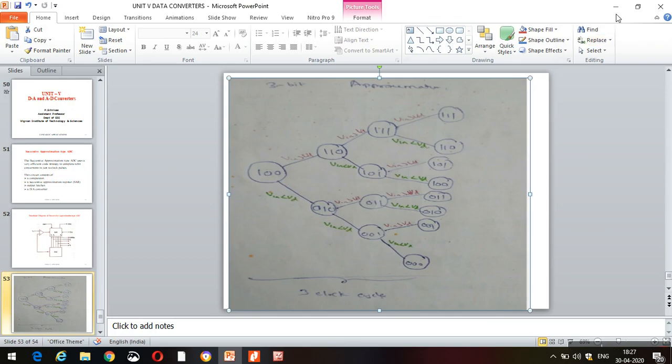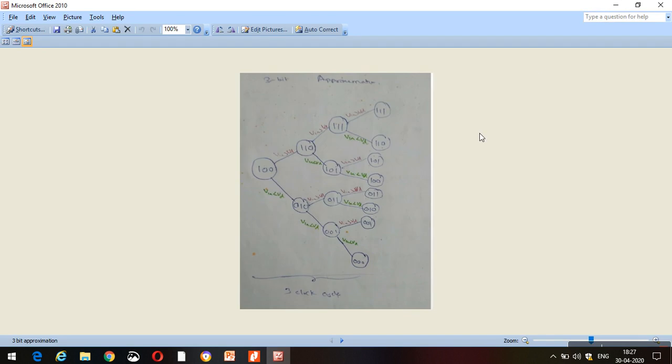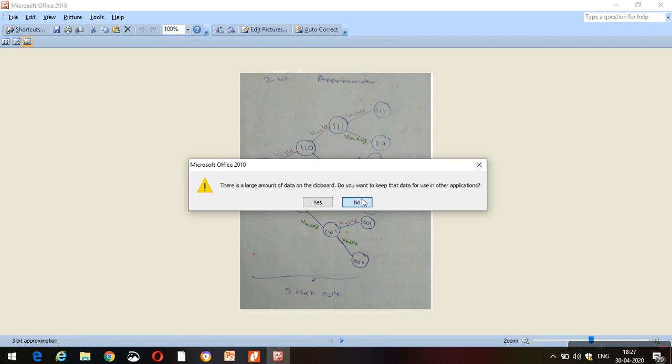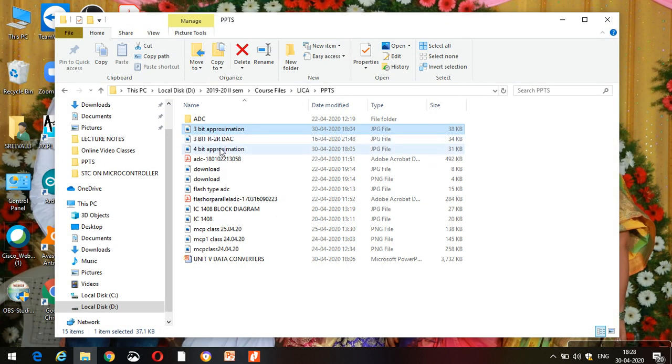In a similar way, a 4-bit approximation.